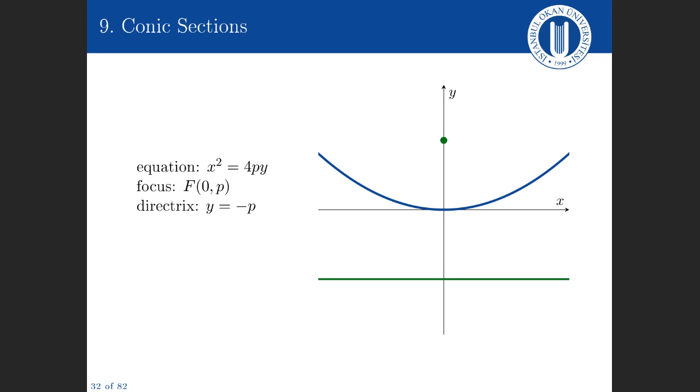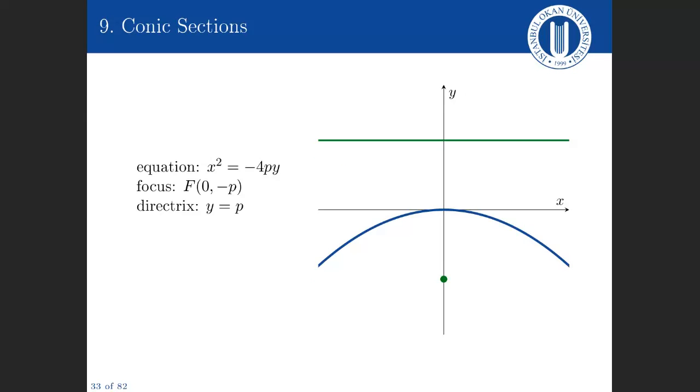This was our parabola that we looked at before. Our equation is x squared is equal to 4py. The focus is at the point (0, p), and the directrix is the line y is equal to minus p. Perhaps we have a different parabola. Instead of a parabola which is curving upwards, perhaps we have a parabola which is curving downwards.